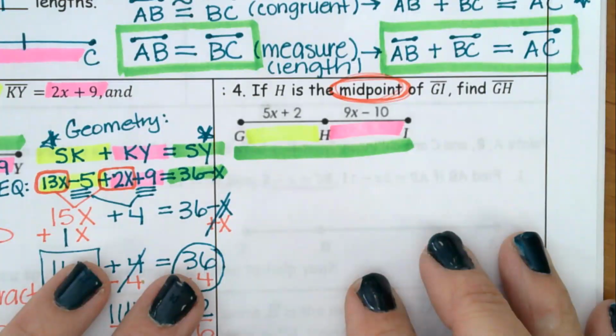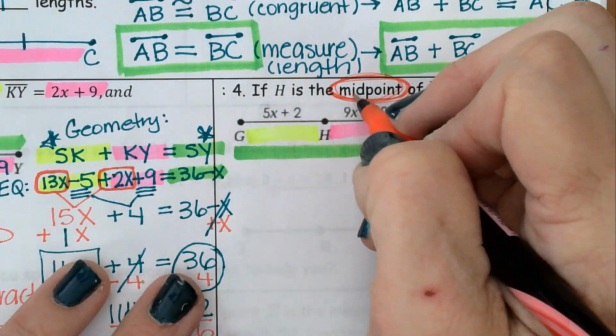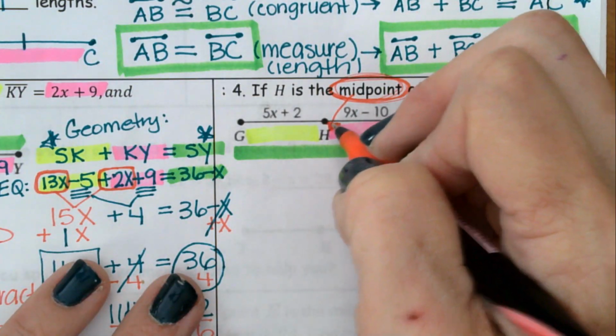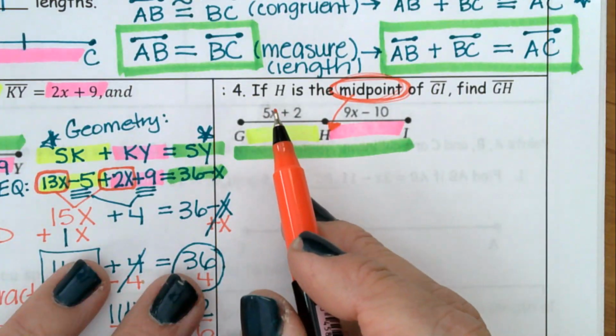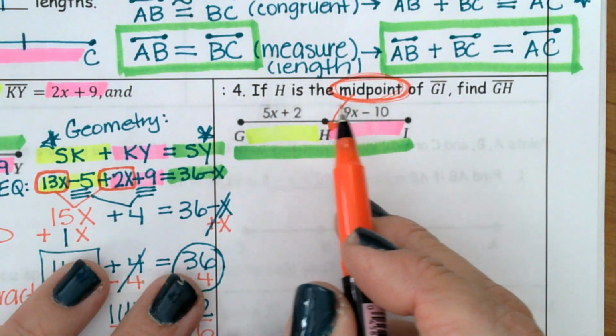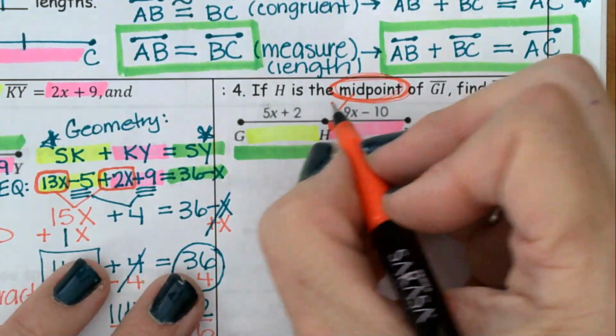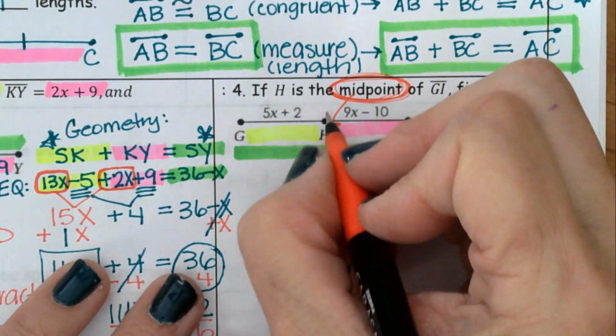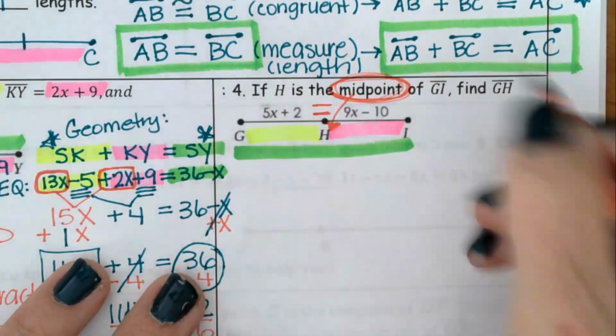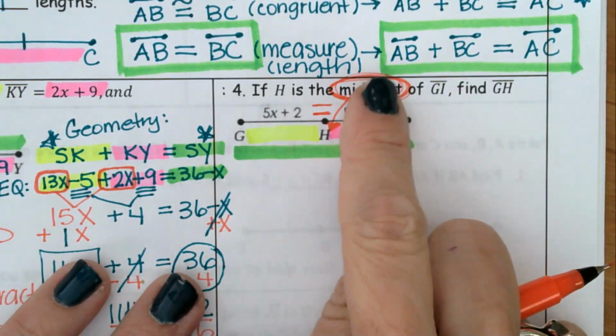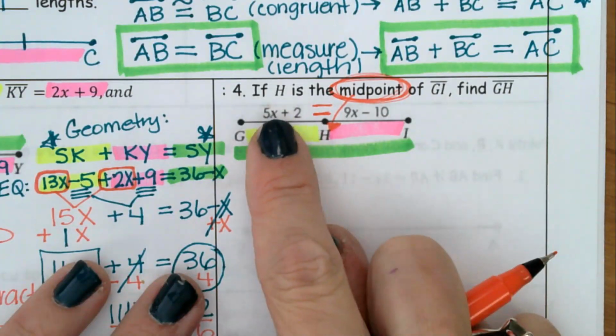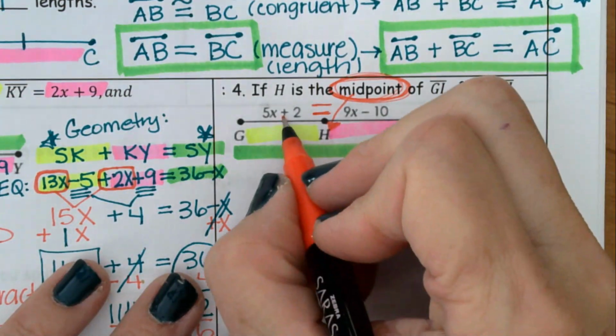That what's equal? If this is the middle point, what does that mean for these two expressions? Which means what? They're equal. So I'm going to put a little equal sign like that. Midpoint is H. That means this side and this side are equal.